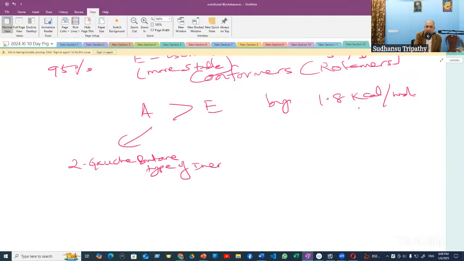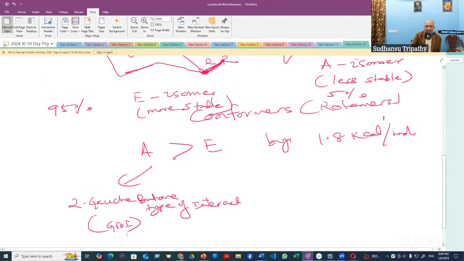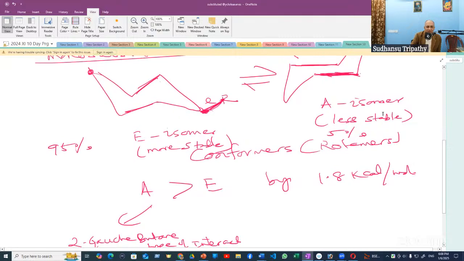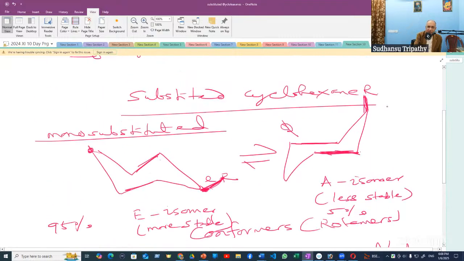I used to write GBI. And the equatorial isomer has no such interaction, but the one which is in the axial position has this one lying 60 degrees apart. In the diagram, it doesn't look like it. And this bond also 60 degrees apart.